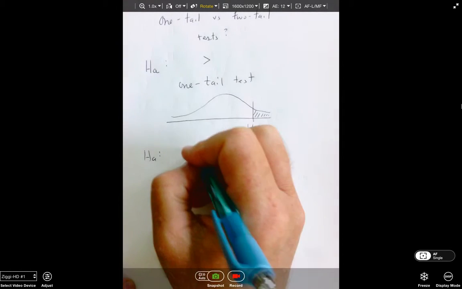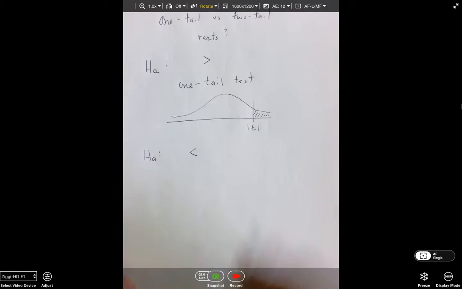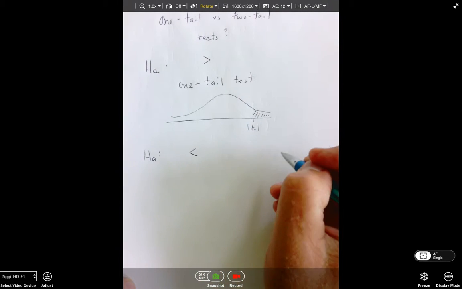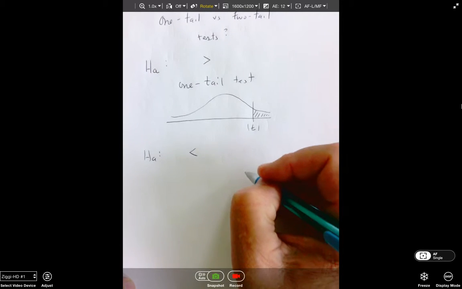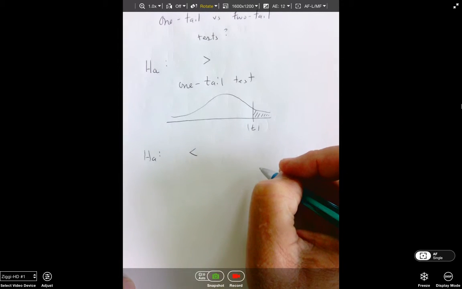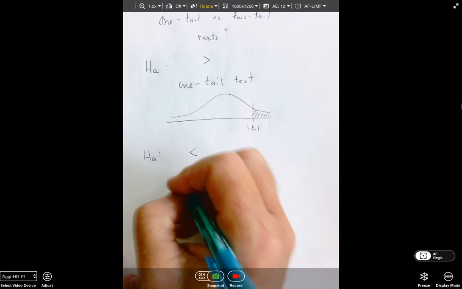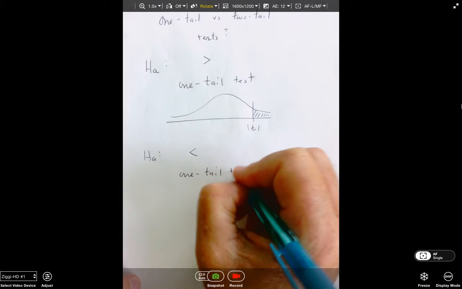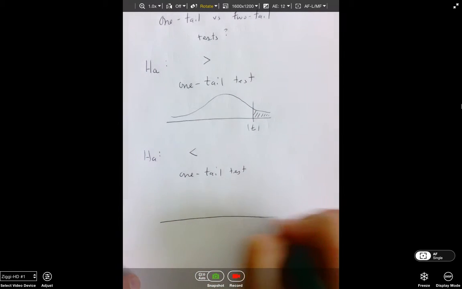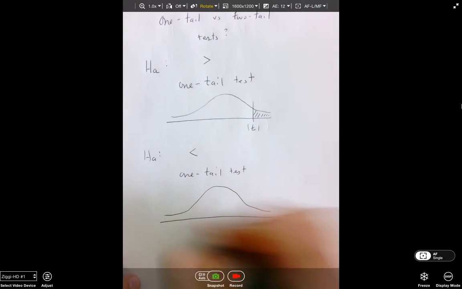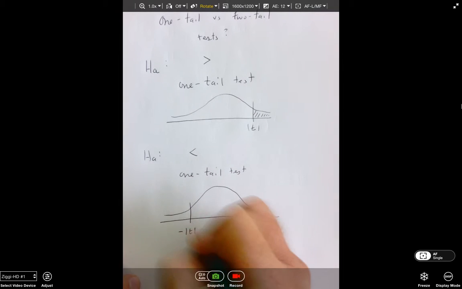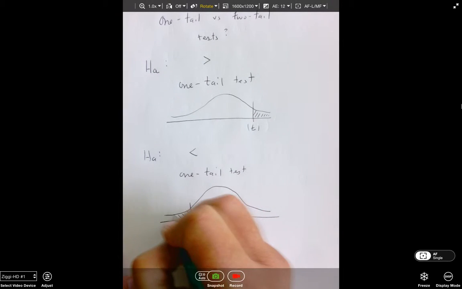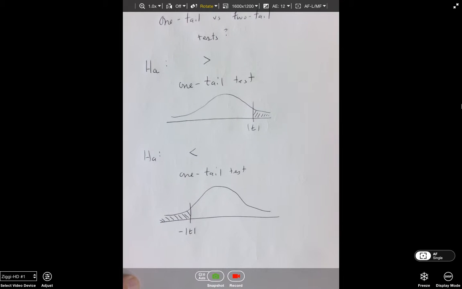If you have H sub a less than, the mean is less than, the mean is lower than, the mean is not as high as, all those indicators that you're looking at less than, you are also doing a one-tail test because the calculation of your p-value is confined to the left tail.